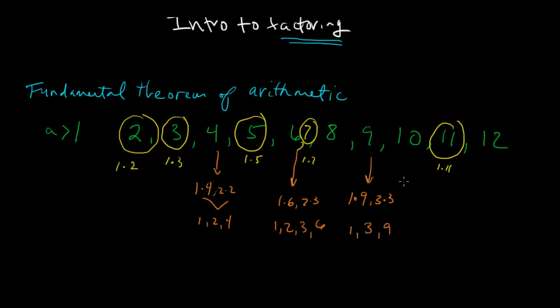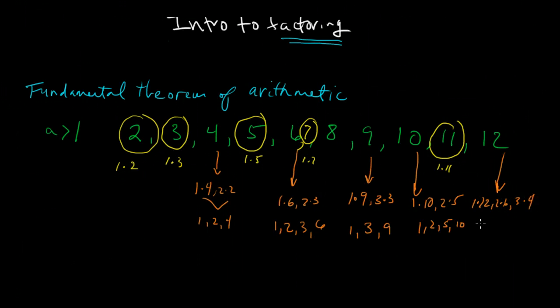10 is 1 times 10, but it's also 2 times 5. So 10 has the factors 1, 2, 5, and 10. Notice all these numbers do have 1 and themselves, but they have other factors as well. 12 is 1 times 12, it's 2 times 6, and it's 3 times 4.